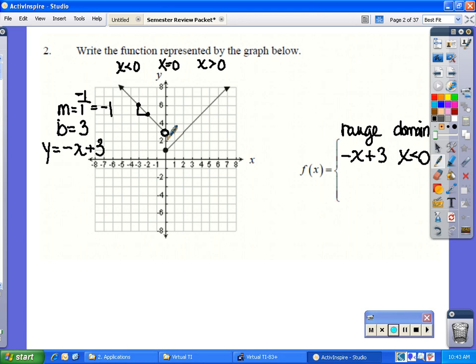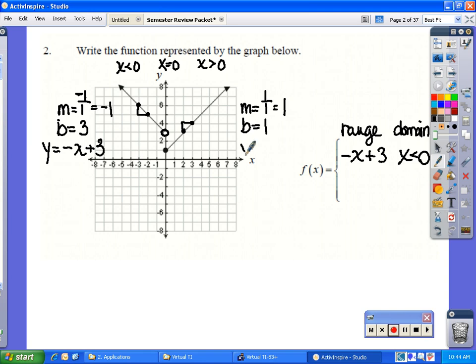Now doing the right-hand side of the graph, where x is greater than 0, again, we need to identify our m and b. Our b here is equal to 1 on the y-axis, that's our y-intercept, and our slope, if we pick any 2 points, going from left to right would be up 1 and over 1, which is a slope of 1.